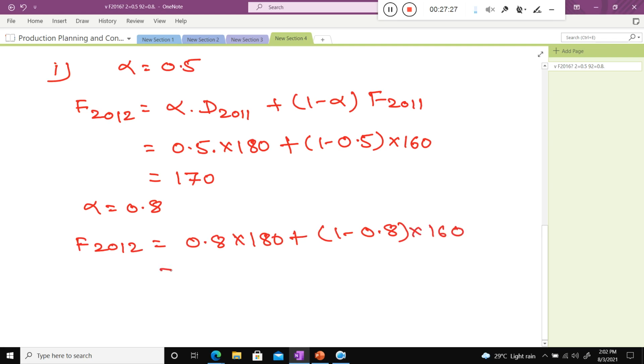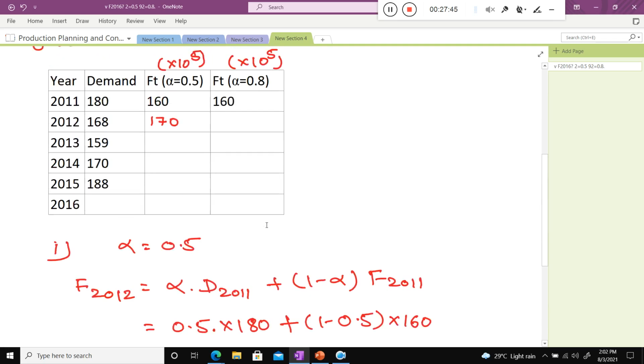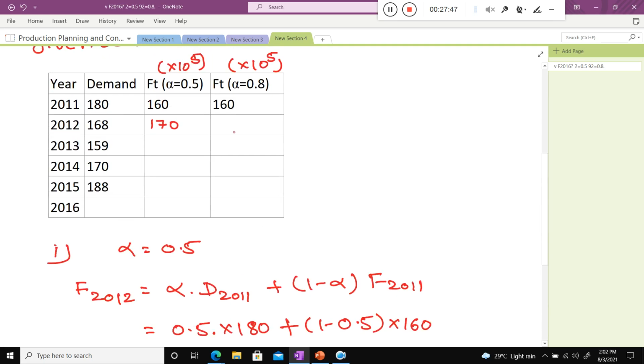So can you quickly calculate? 176. Very good. How much? 176, I think. When you put alpha is equal to 0.8. Okay, so I just put here 176.